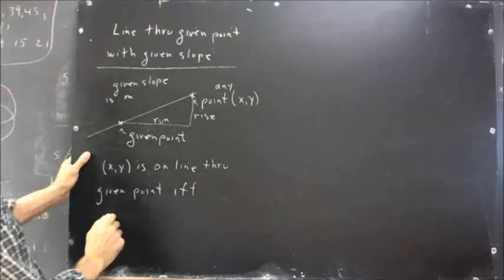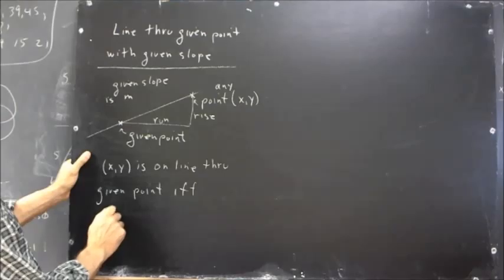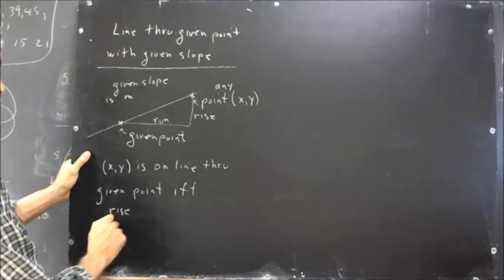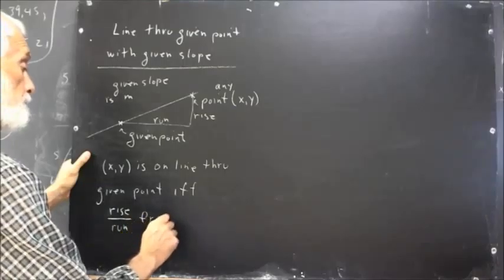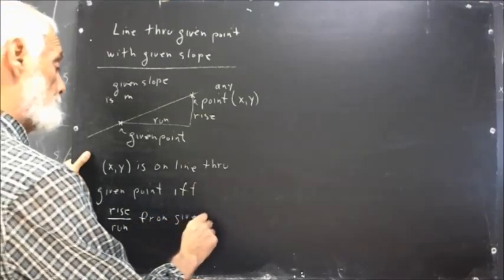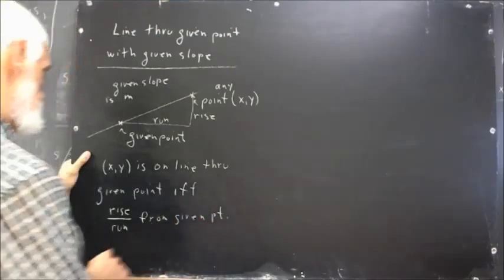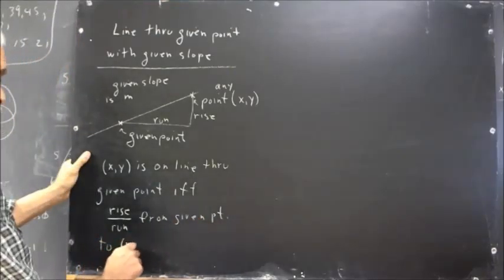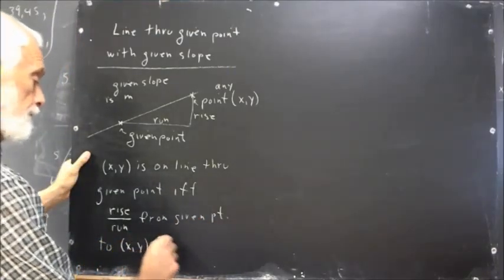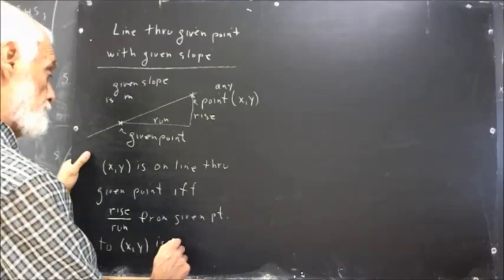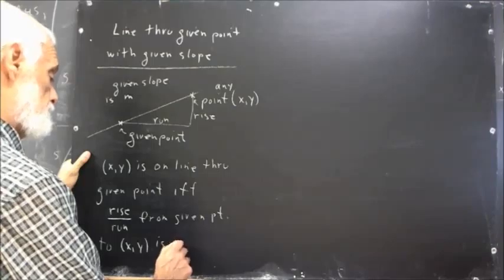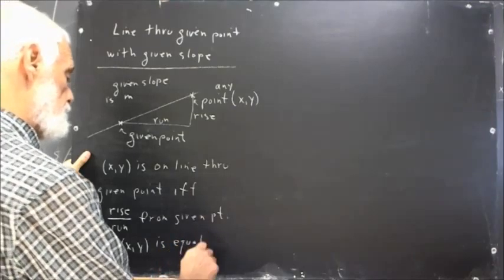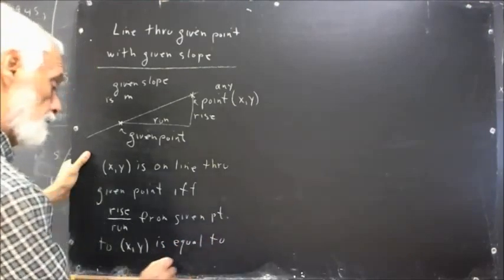If the rise over run from the given point to xy is equal to the given slope.